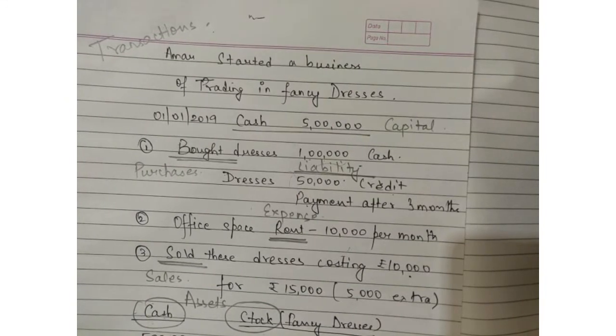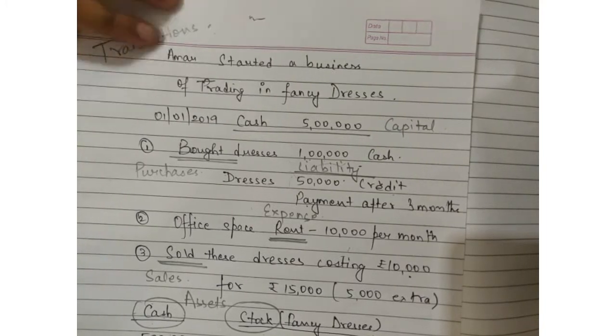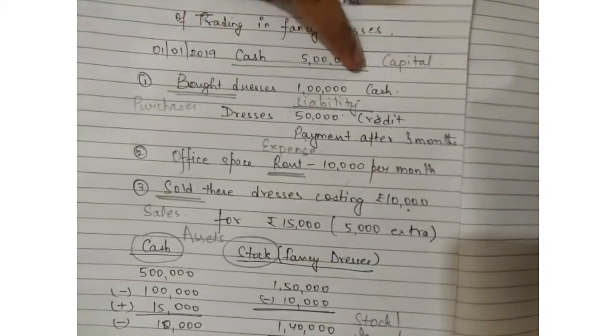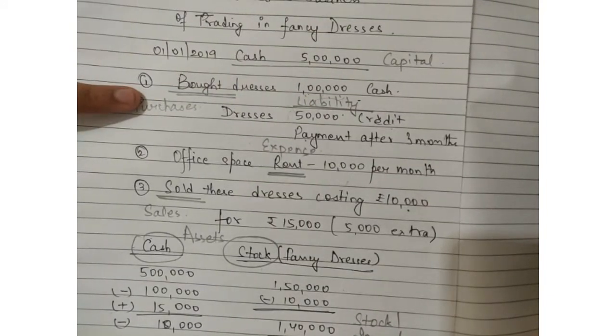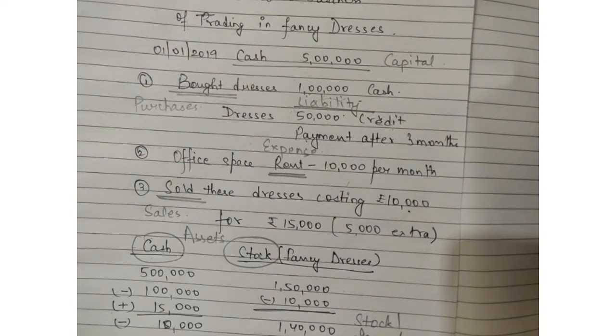So transactions are exchange of goods and services for a consideration. For cash, Amar was able to buy clothes, so he had exchanged his cash for obtaining dresses from the supplier.